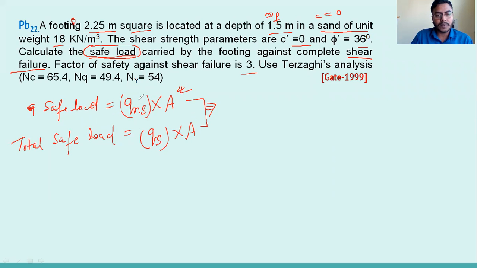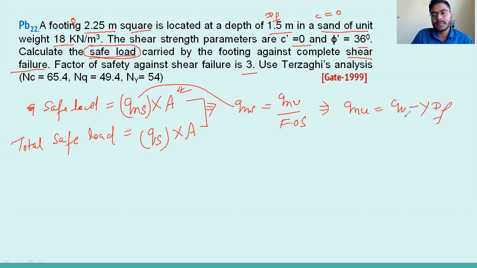To calculate this one, we have to know QNS, and to know QNS, we have to know QNU. Factor of safety is given, that is 3. So QNU is equal to QU minus gamma DF. So we have to calculate QU.